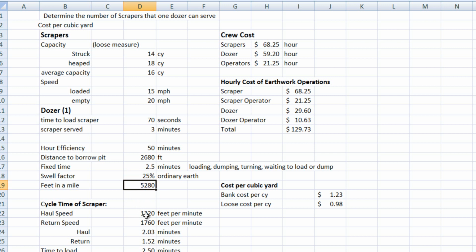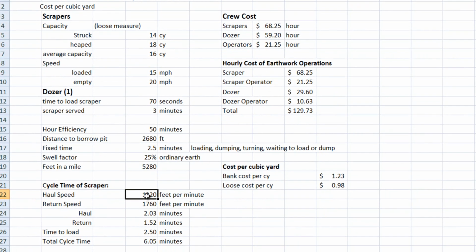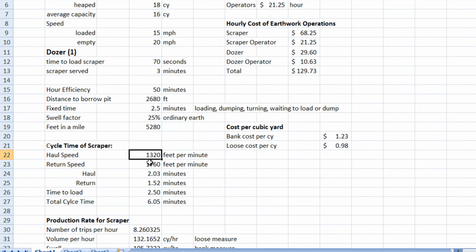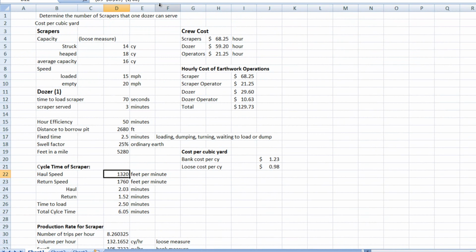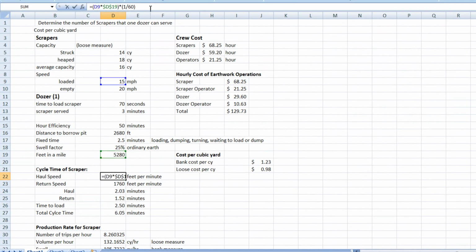So what we are going to do then is figure out the haul speed, return speed. So this is the cycle time of the scraper. Haul, return, time to load, and then our total cycle time. So the first thing, the haul speed.